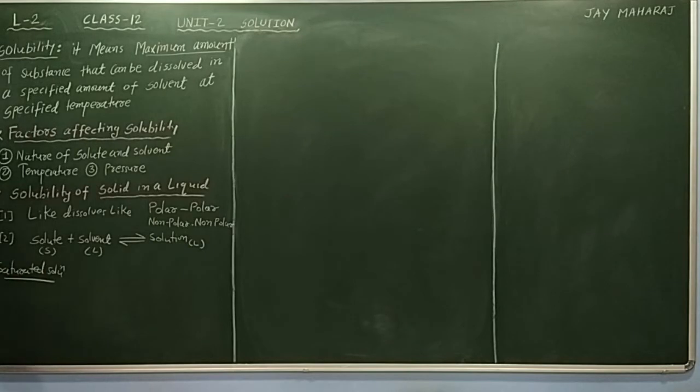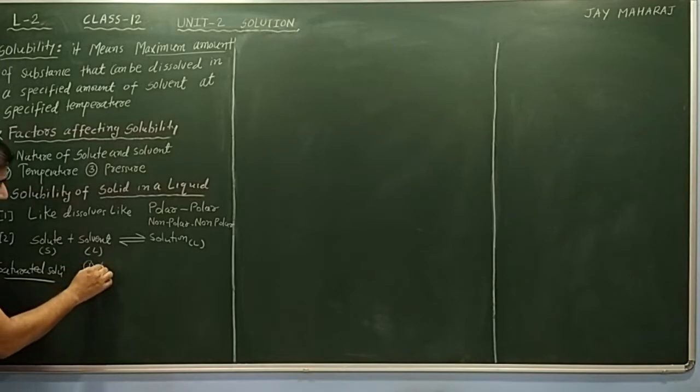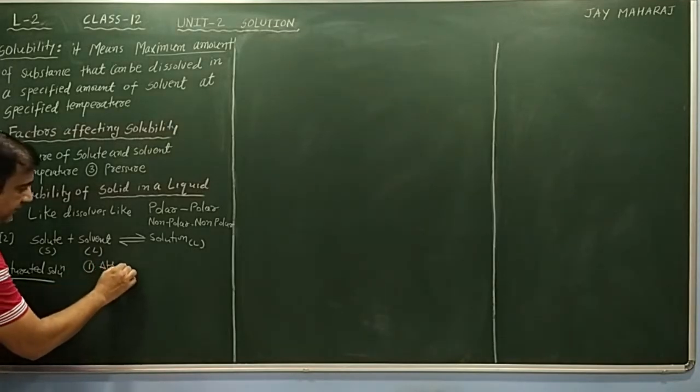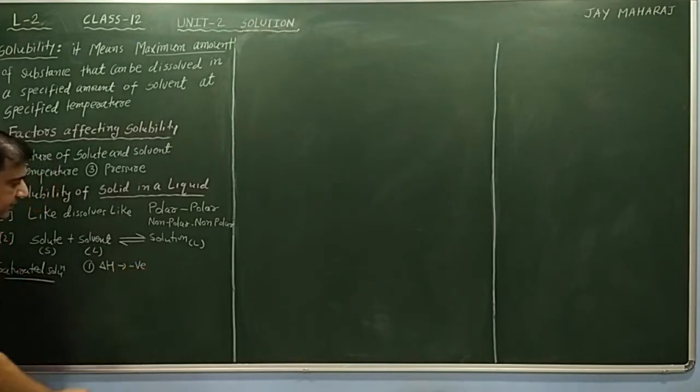Now, the effect of temperature. When solute is dissolved in solvent, a solution is formed. There are two possibilities: whether this reaction is exothermic or endothermic, based on delta H. If delta H is negative, then the reaction is exothermic, that means heat will be evolved.